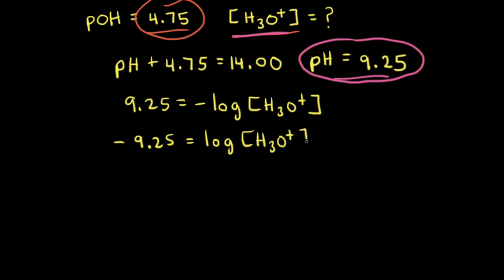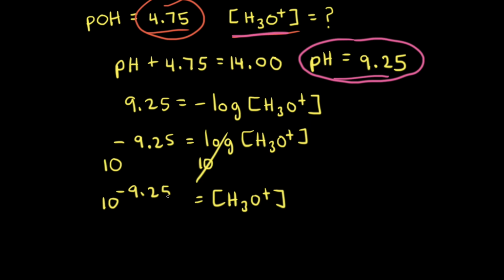And to get rid of that log, we can take 10 to both sides. So that's going to give us the concentration of hydronium ions, H₃O+, is equal to 10 to the negative 9.25. And 10 to the negative 9.25 is equal to 5.6 times 10 to the negative 10.